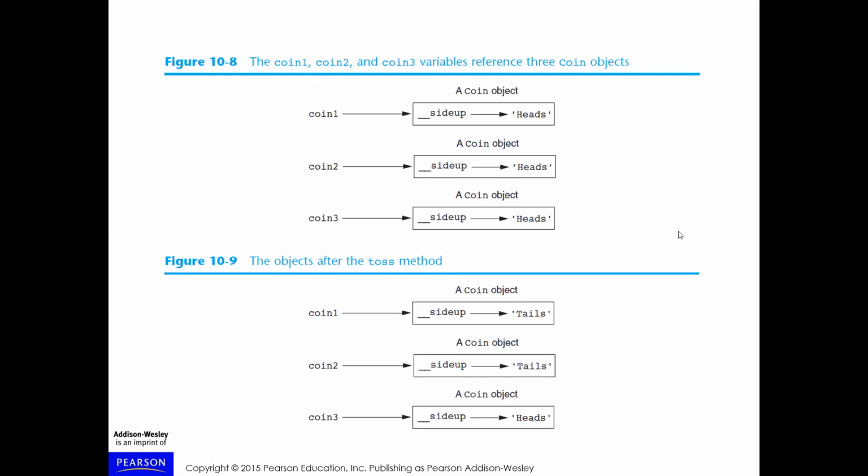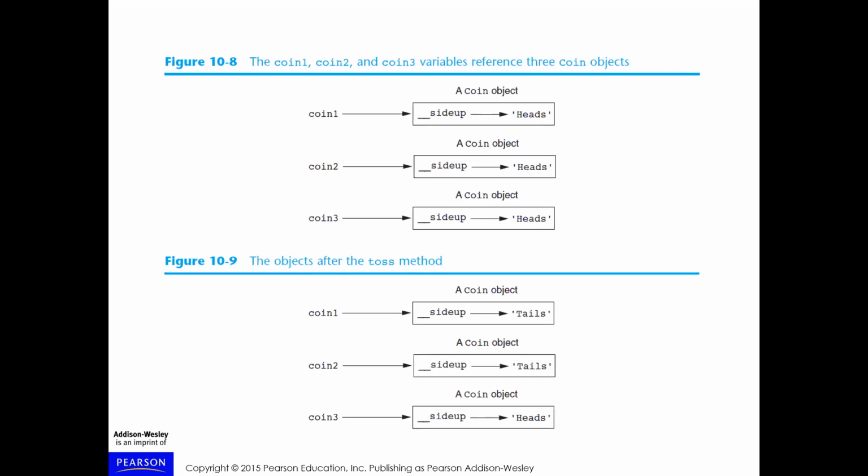All right, so here we have an example, coin 1, coin 2, coin 3 variables. Each one of these instances has its own self, right? And each one has the attribute side up that belongs to itself, and the value is heads. Then that can be changed by a method in there, toss.